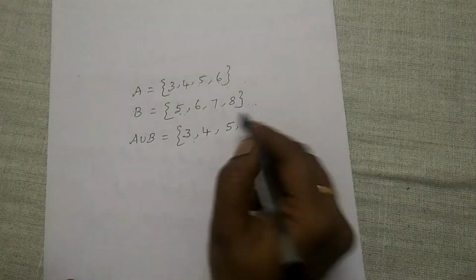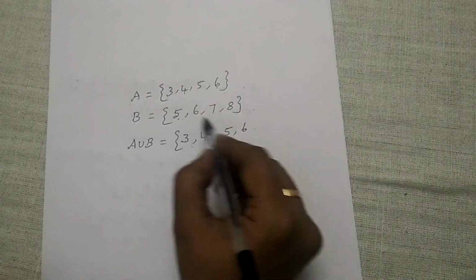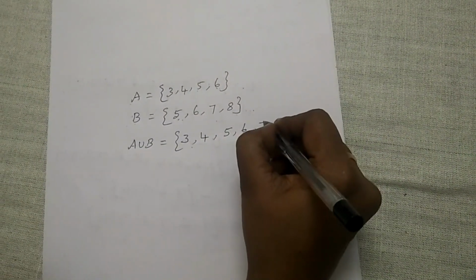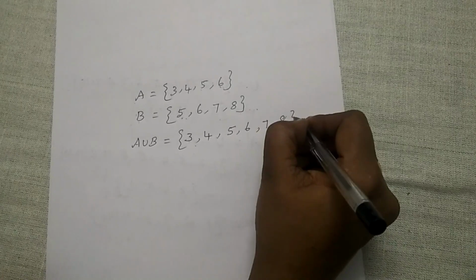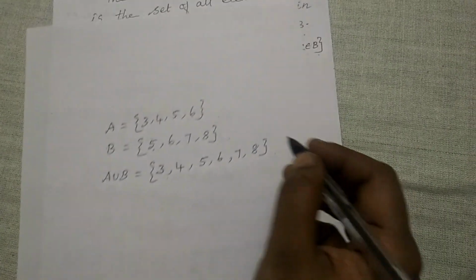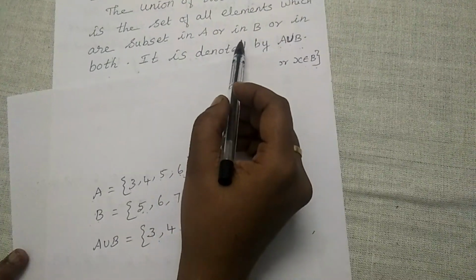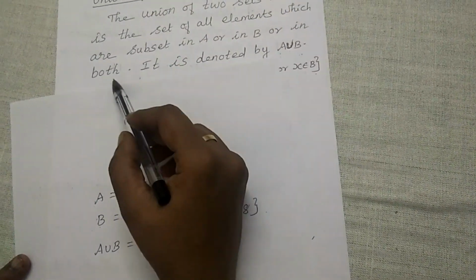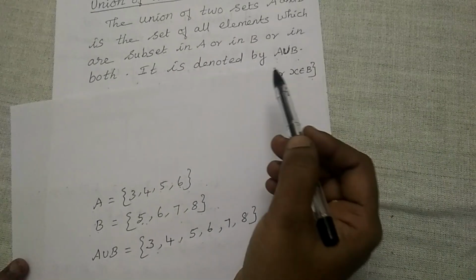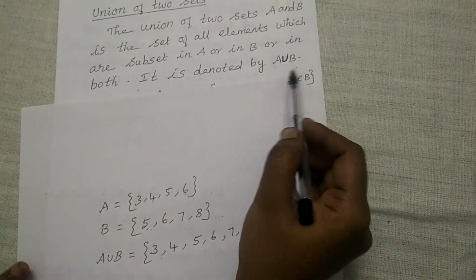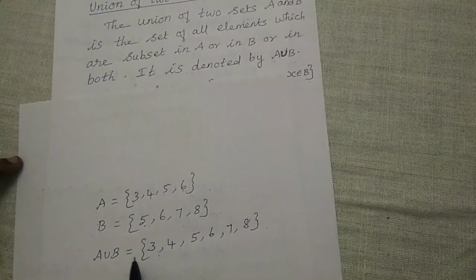Don't repeat. Then the remaining B values, 7 and 8. Have you understood this? The definition is elements in A or in B or in both. It is denoted by A union B. Have you understood?